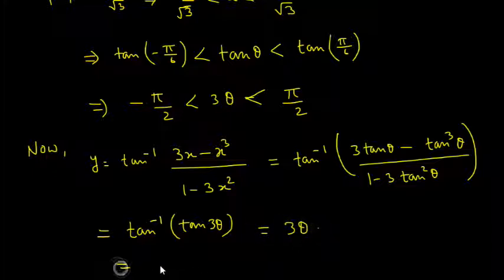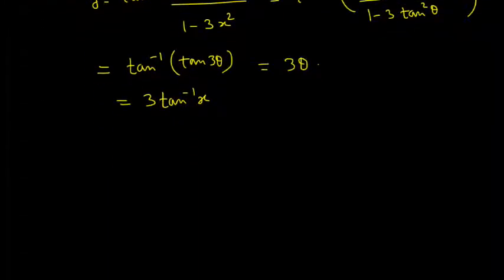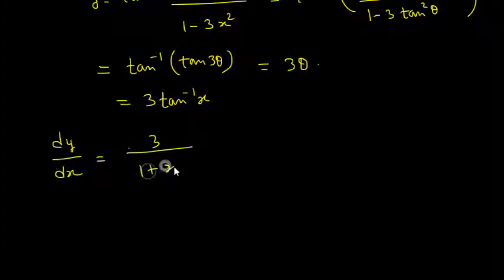Putting the value of theta, we get 3 tan inverse x. And now differentiating, from the formula, we get dy by dx as 3 upon 1 plus x².